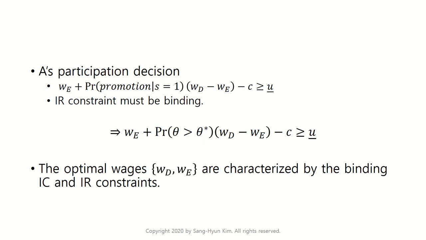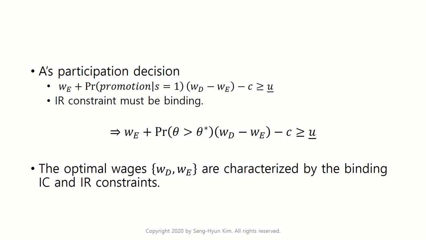And as before, the IR constraint must be binding. The argument is pretty much the same. If the IR constraint is not binding, then the principal can always improve the profit by reducing wage slightly without violating the IR constraint, which means at the optimal contract, the IR constraint must be binding.